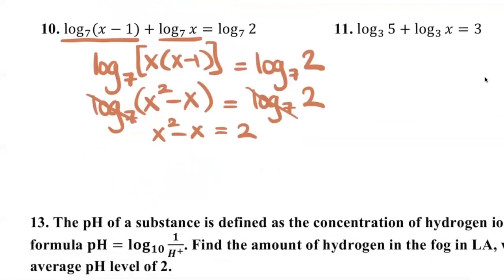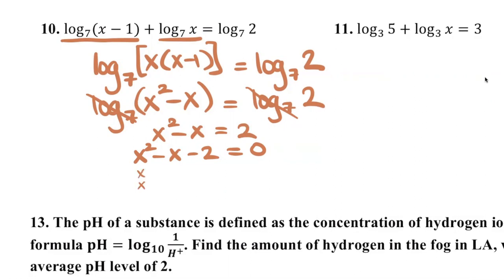Since I have a quadratic, I'm going to subtract the 2, get everything on the left-hand side, and set that equal to 0. Go ahead and factor that with whatever method your teacher has taught you. There's so many out there. But I've taught my students to think what times what equals x squared. So x times x.